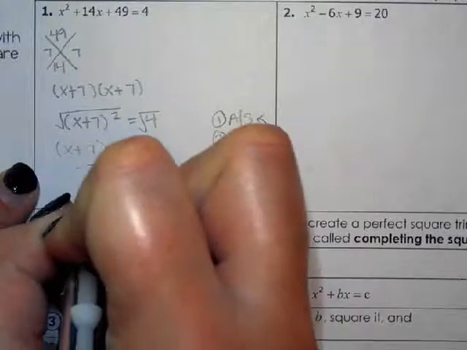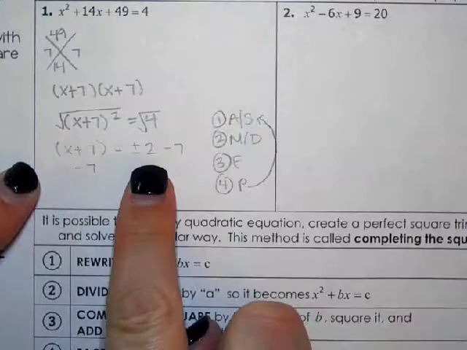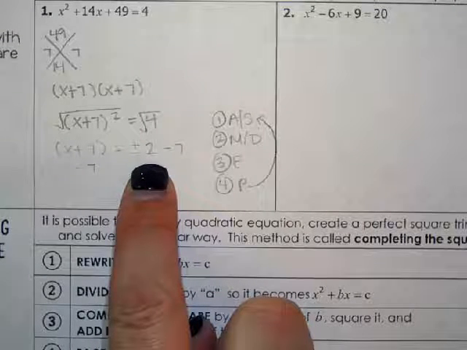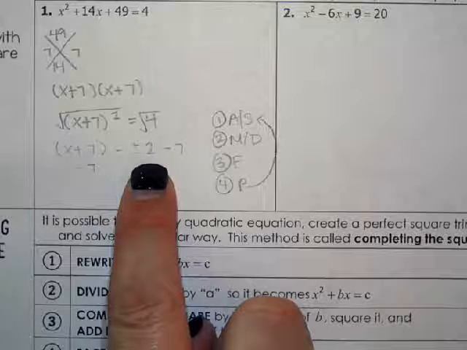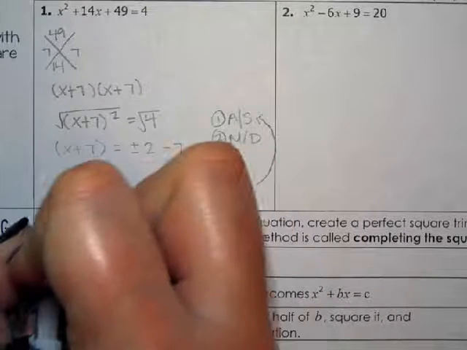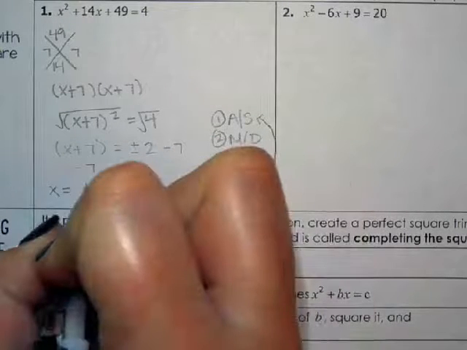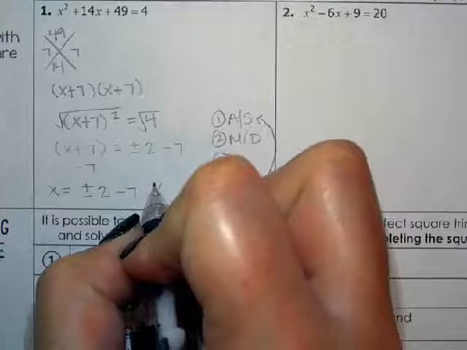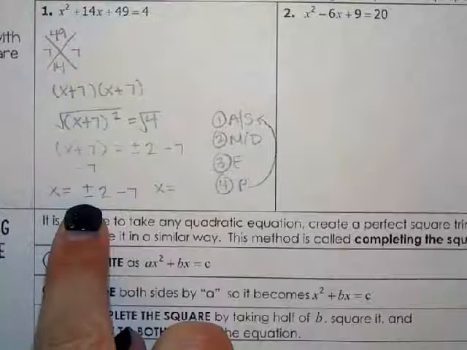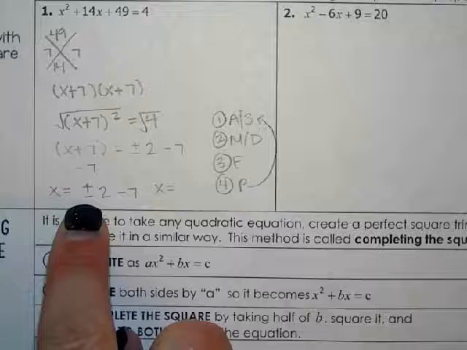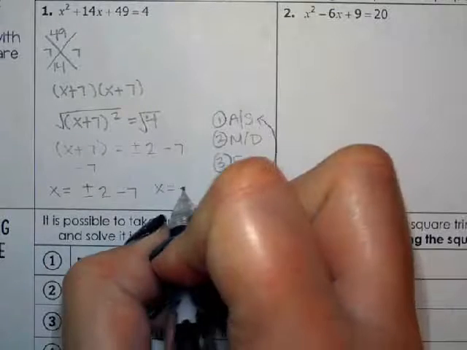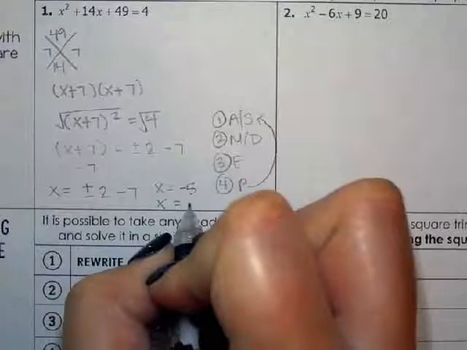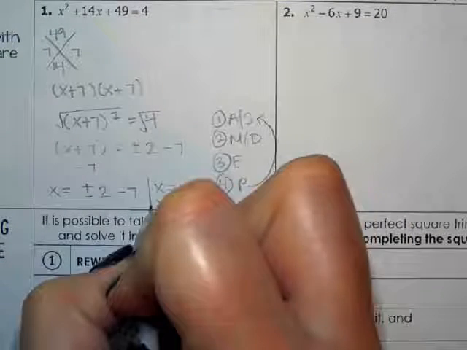So x equals plus or minus 2 that I'm subtracting 7 from. If I have a positive 2 that I'm subtracting 7 from, what do I get? If I have a negative 2 that I'm subtracting 7 from, what do I get? So my answers are -5 and -9.